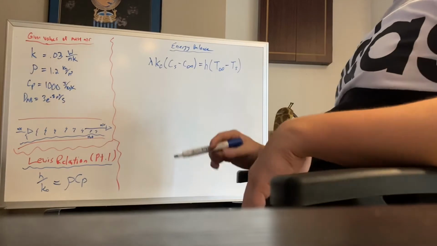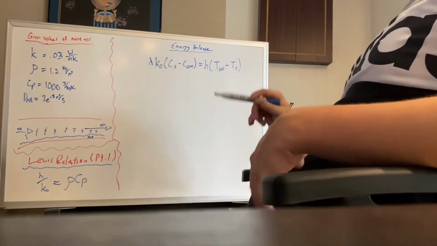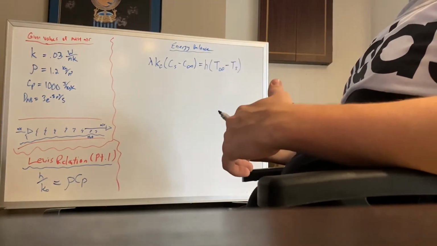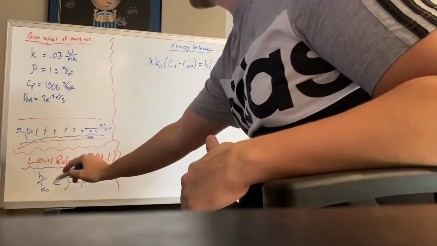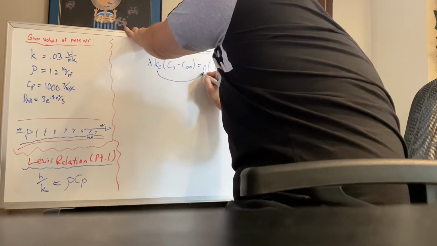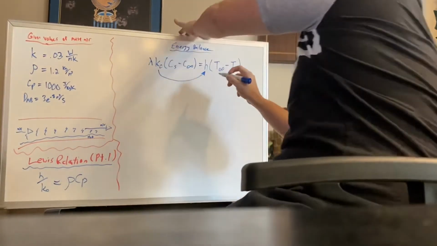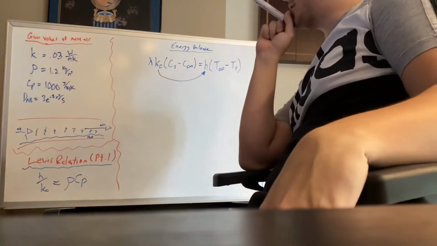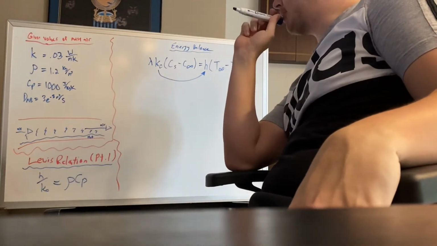Now that we see this, it might not be inherently obvious at first, but how this is going to help us significantly is that we're going to divide this over here. We will have the heat transfer coefficient divided by the mass transfer coefficient, which we calculated from the Lewis relationship previously.